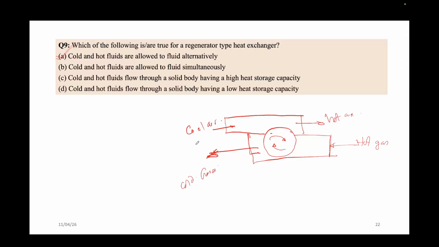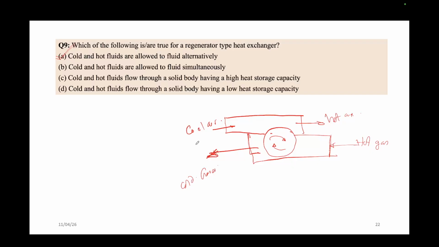To make it easier for you, in case of flow, the regenerator type is always alternating flow, but the recuperator type is flowing simultaneously. In case of heat storage, the recuperator type has no heat storage body, but in the regenerator there is a heat storage.